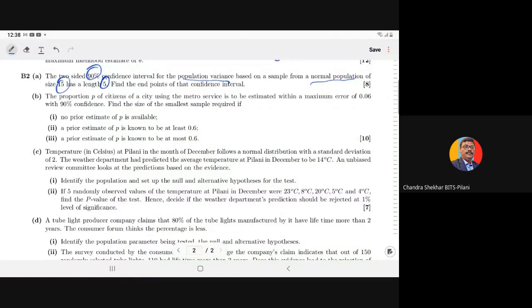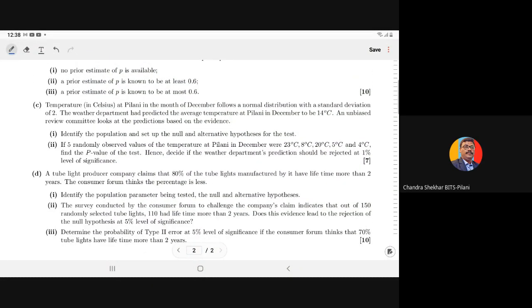Now let us move to the last question. A tube light producer company claimed that 80% of the tube lights manufactured have a lifetime of more than 2 years. The consumer firm thinks the percentage is less. Identify the population parameter being tested, and the null and alternative hypothesis.